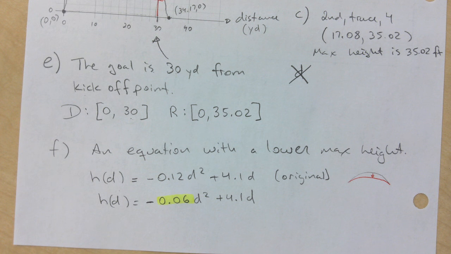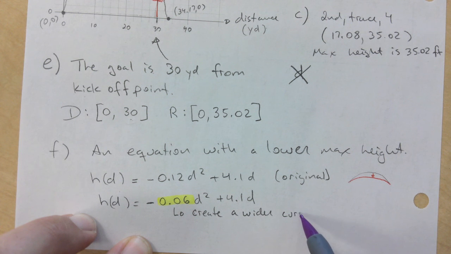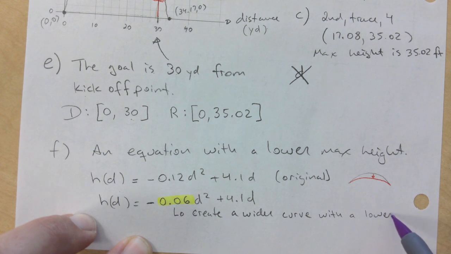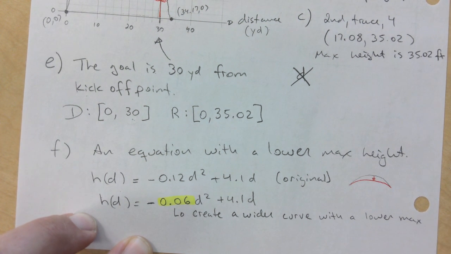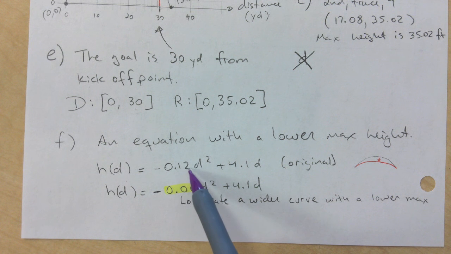This will create a wider curve with a lower max. So I halved it. You could have gone 0.10 if you wanted to and put that down, and you would have achieved that.